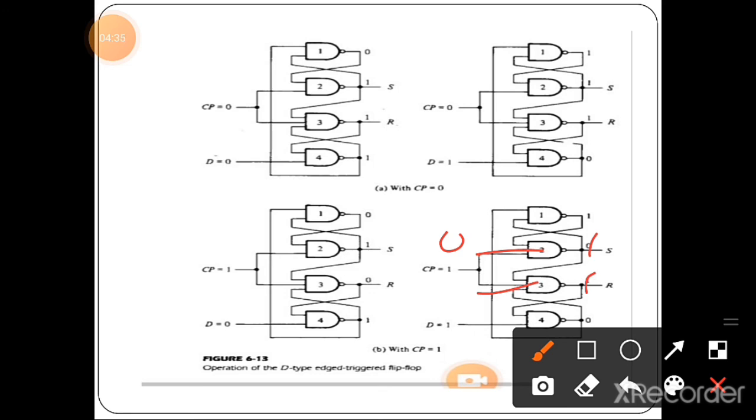That is the steady state. Then it prevents the output from undergoing any changes. So if S and R are 1 1, Q and Q bar are in the steady state.